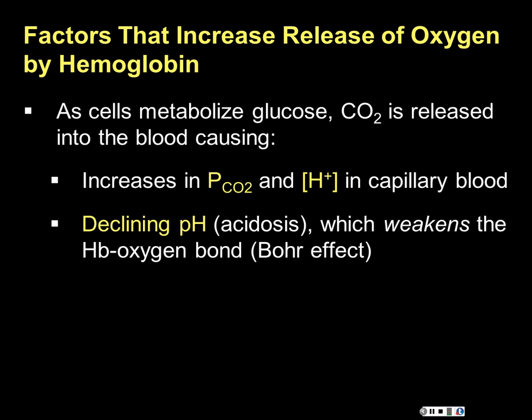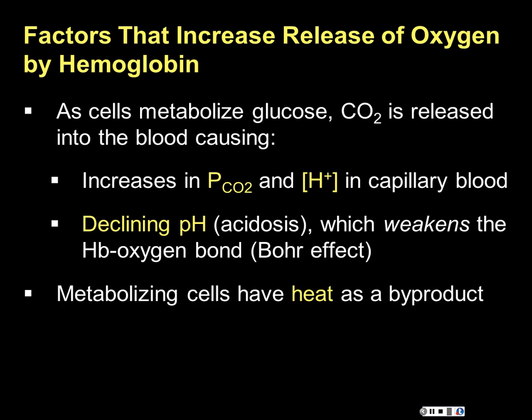We said as cells become metabolically active, carbon dioxide is released, causing that increased partial pressure of carbon dioxide. I have here an increase in hydrogen ion content, which we know brings your pH which way? Second point. Your hydrogen ion content goes up, pH goes down and becomes acidic, which causes hemoglobin to let go of the oxygen. Heat also promotes the release of oxygen from hemoglobin.